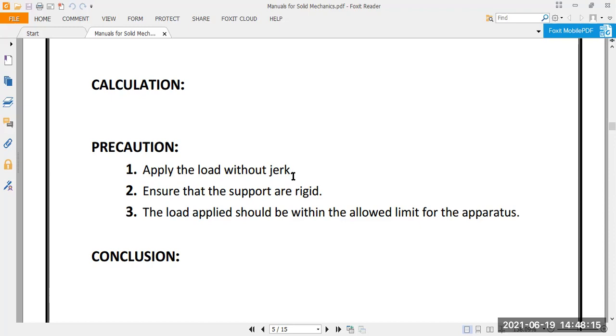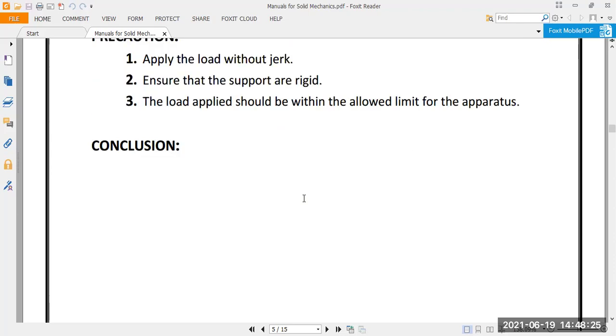The supports from which the vertical weighing machines are hanging should be strong, rigid, and should not move or tilt by the application of external loads. Otherwise, all our readings will be wrong.